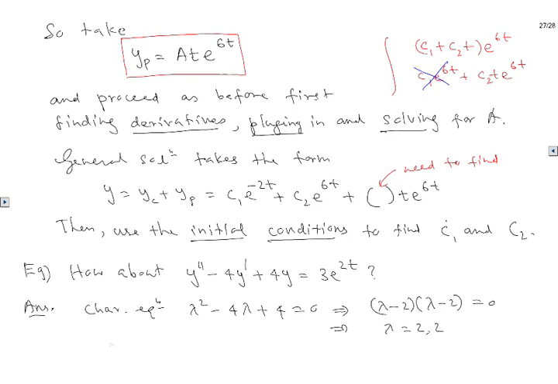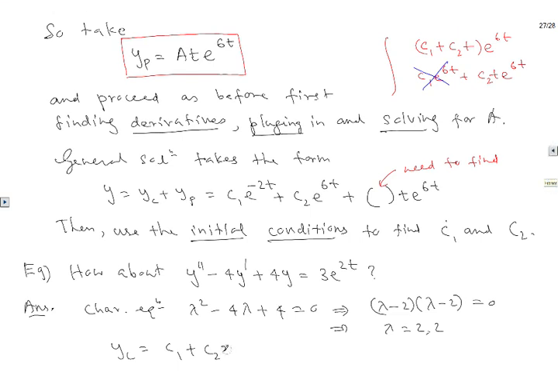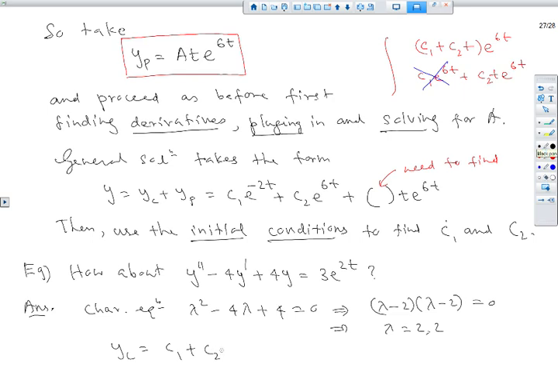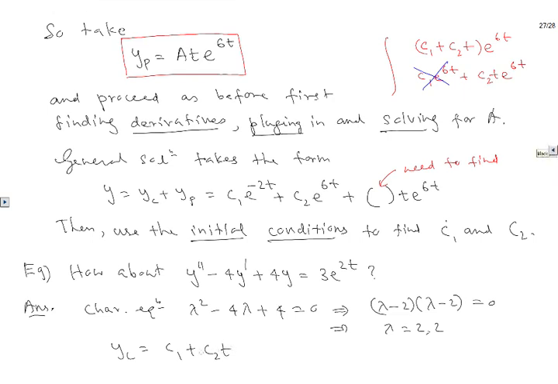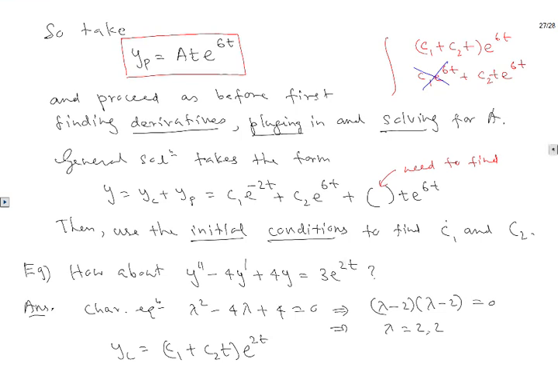So what is the yc now? Yc is c1 plus c2 t, times e to the 2t.